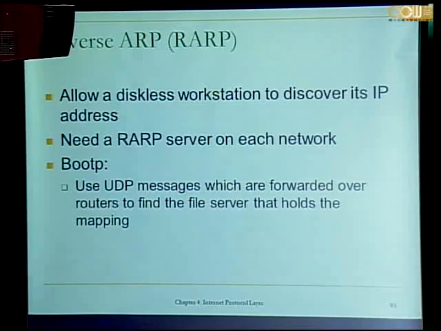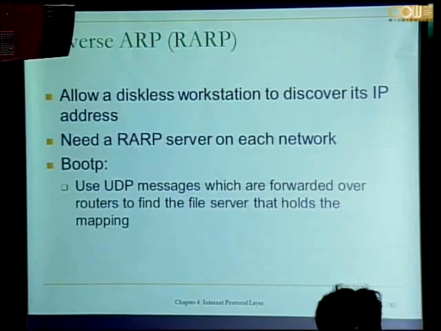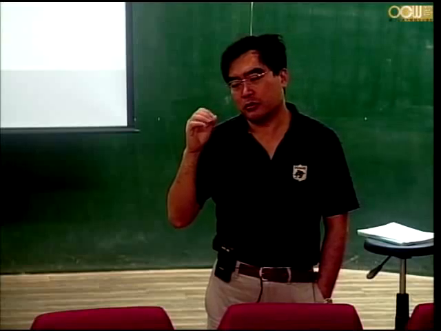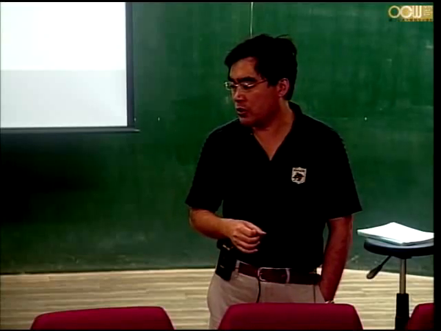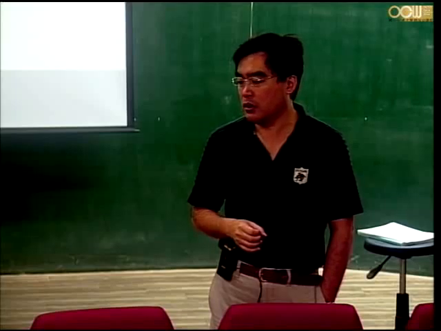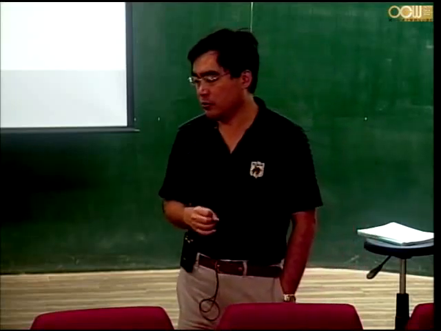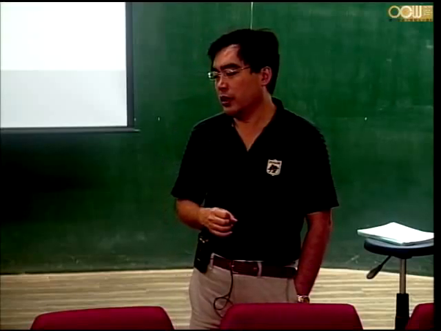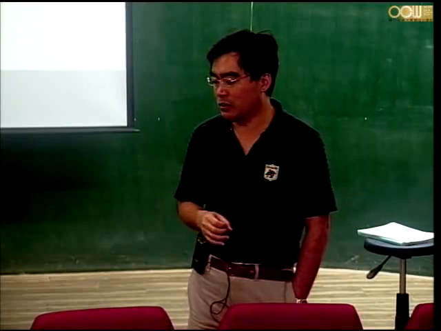For the forward ARP, we know why we are doing it. We have mentioned that several times. If I want to send a packet to a host which is in the same subnet, then I will send it directly without sending to the default router.